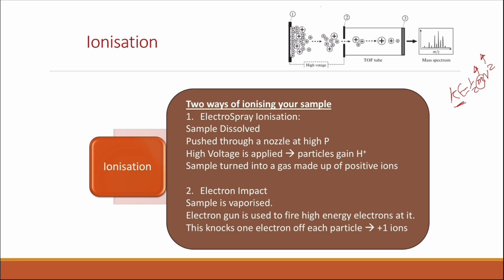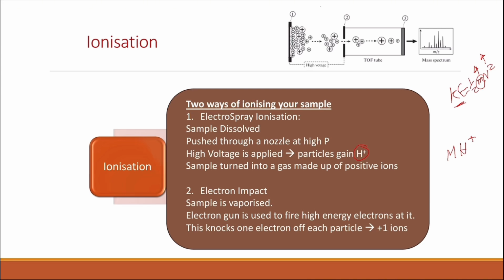Each particle will gain a proton, or hydrogen ion. So the ionized particles will have H plus. If you have something like M, it will be MH plus, not M plus. And then the sample will turn into a gas made up of positive ions, which have gained a proton.